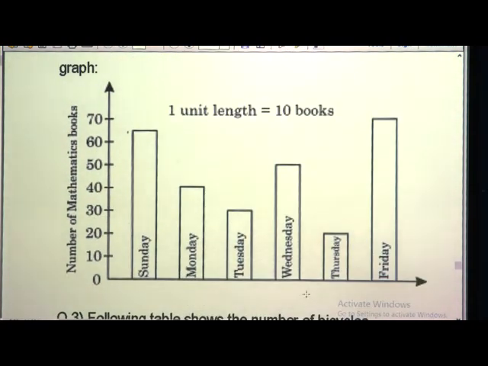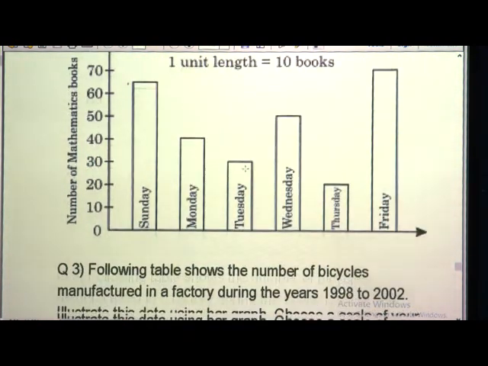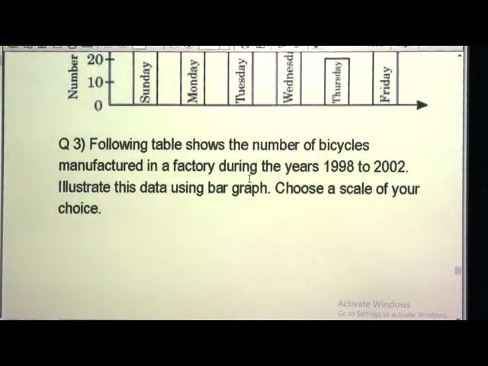This is the bar graph, and we have taken the scale of our own choice.